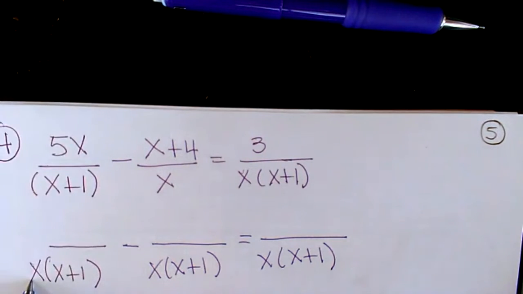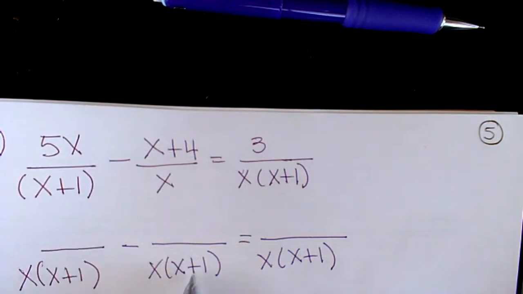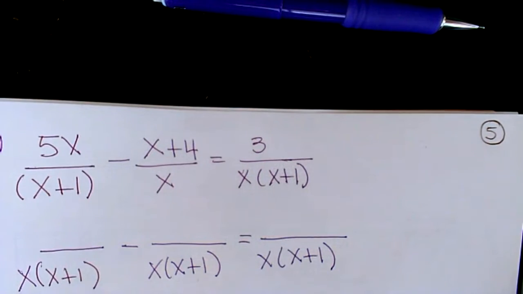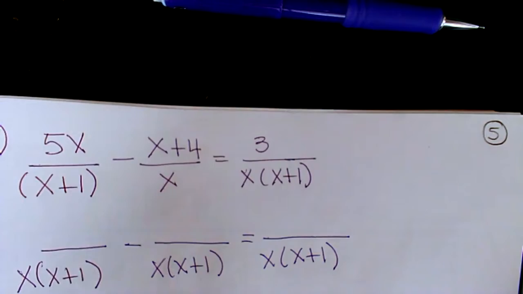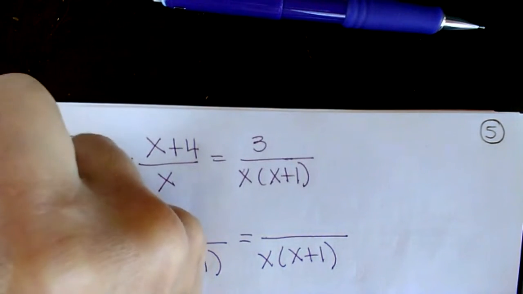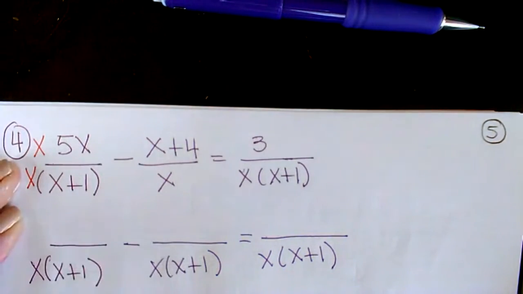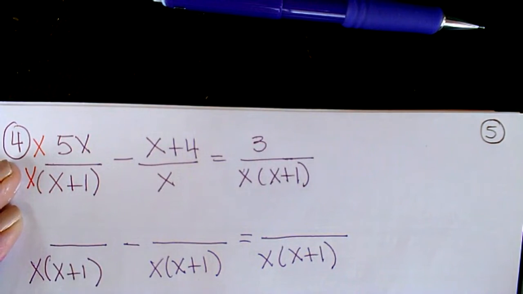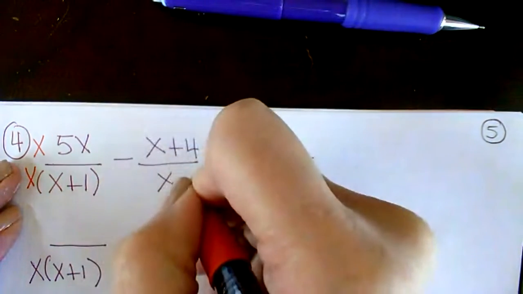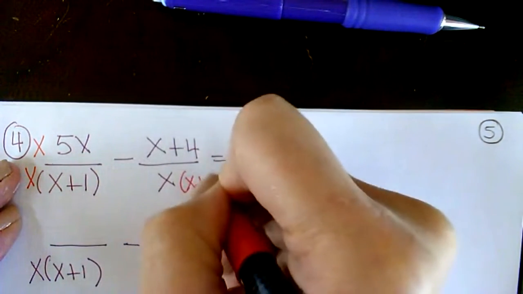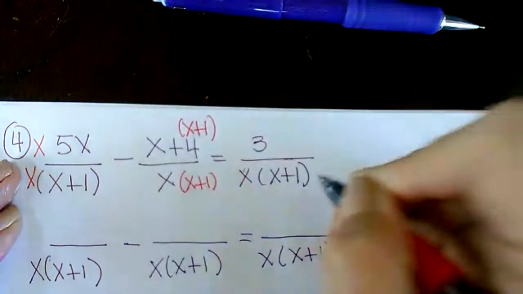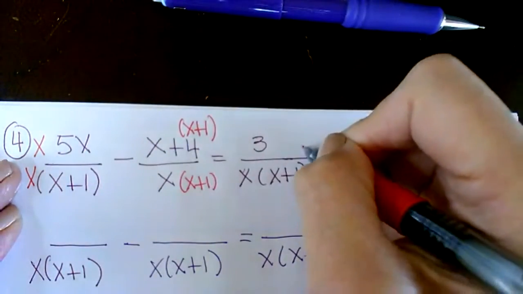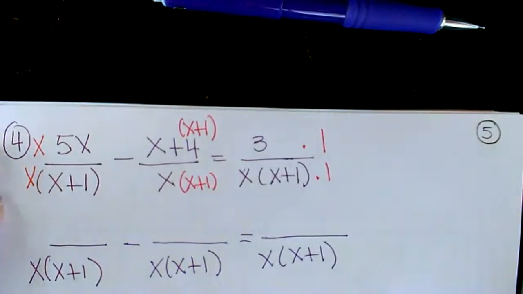This one is only missing this one. This one is missing this one. And this one has all of them. So now I need to multiply this one by x and by x, and this one by x plus 1 and x plus 1 times 1 and times 1. There we go.